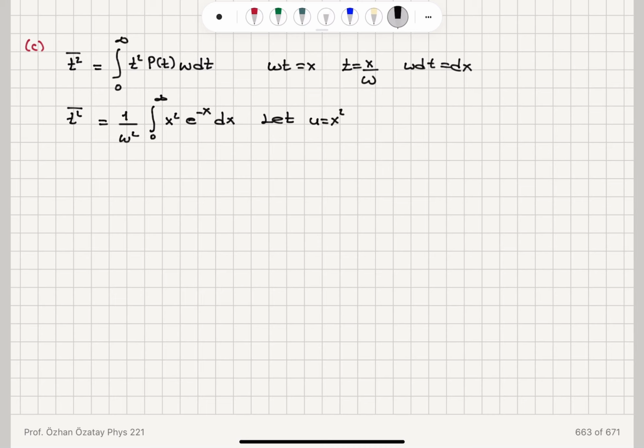u is equal to x square, du is equal to 2x dx, dv is equal to e to the minus x dx, and v is equal to minus e to the minus x. That's the integral.